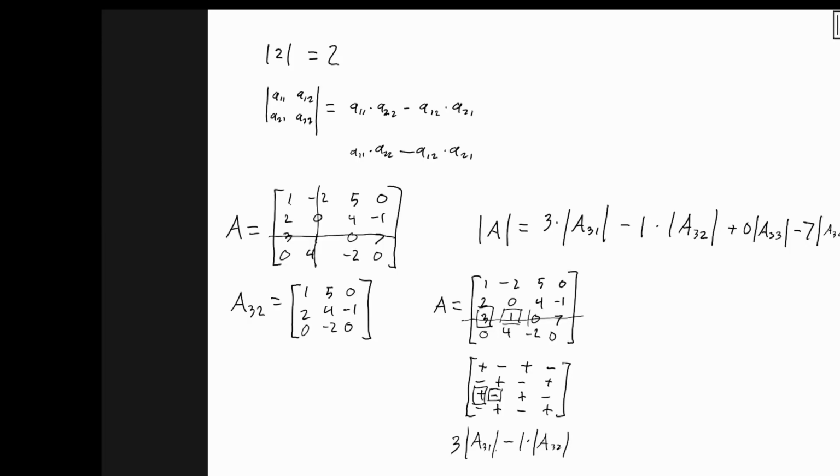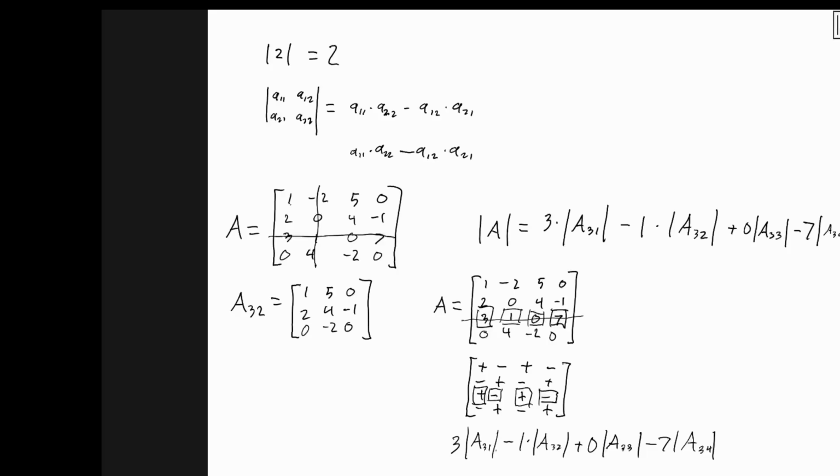Then I go to the next one. That corresponds to a plus. 0 times the determinant of the remainder of the matrix. Then I go to the next one, minus. So minus 7 times the determinant of the matrix after I cross out that row and column.